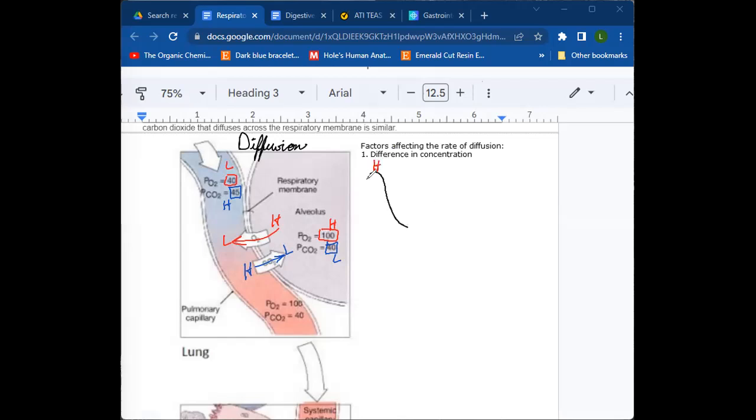So if there's a high concentration of oxygen in the lungs and a very, very low concentration of oxygen in the blood, oxygen is going to move very rapidly from the lungs to the blood, just as if there was a large difference between the top of the hill and the bottom of the hill.